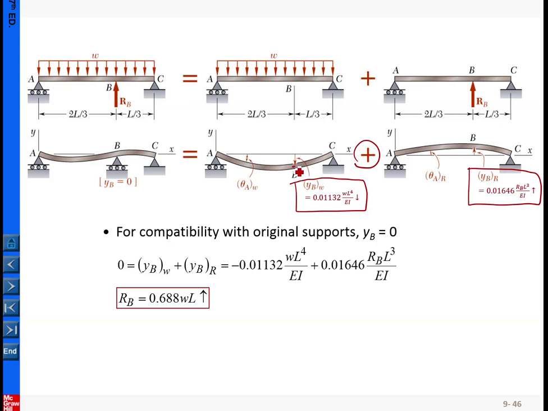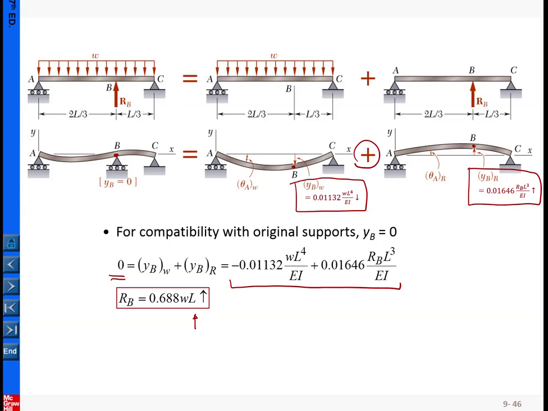That means at point B, the superposition of the subsystems is equal to this one, and when we superpose, that is equivalent to the original problem, where the deflection at B equals 0. So in this statement we have applied the superposition principle. From this we get a single equation, and how many unknowns do we have? We only have one unknown. You can solve for RB. So that is the end of step 3.